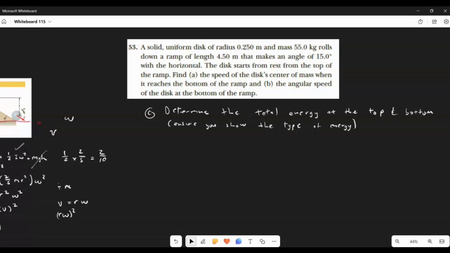So 3.9 meters per second. I'm just looking at what's going on with the solution here. Okay, it doesn't look remotely the same as what we're doing here. I think I made a mistake. Definitely. Okay, yeah.